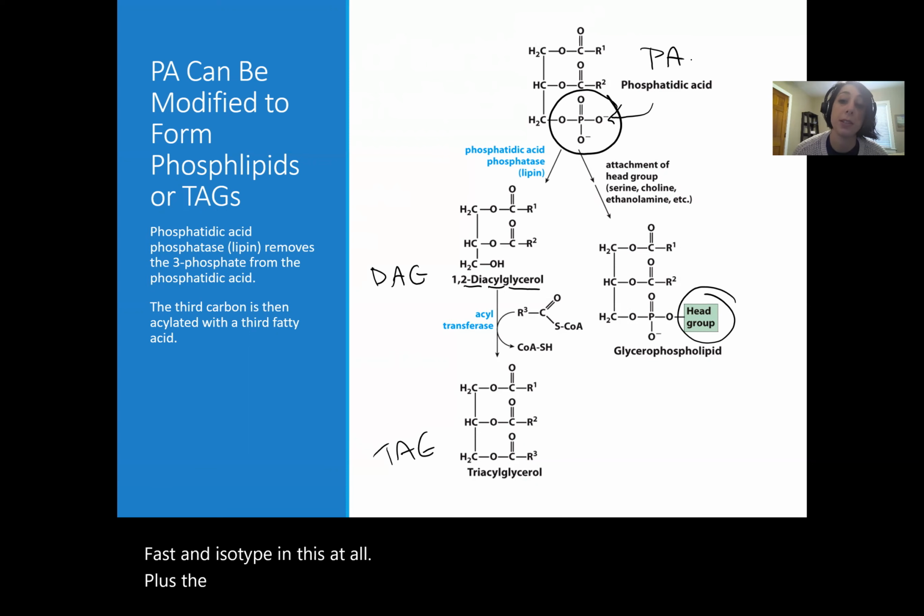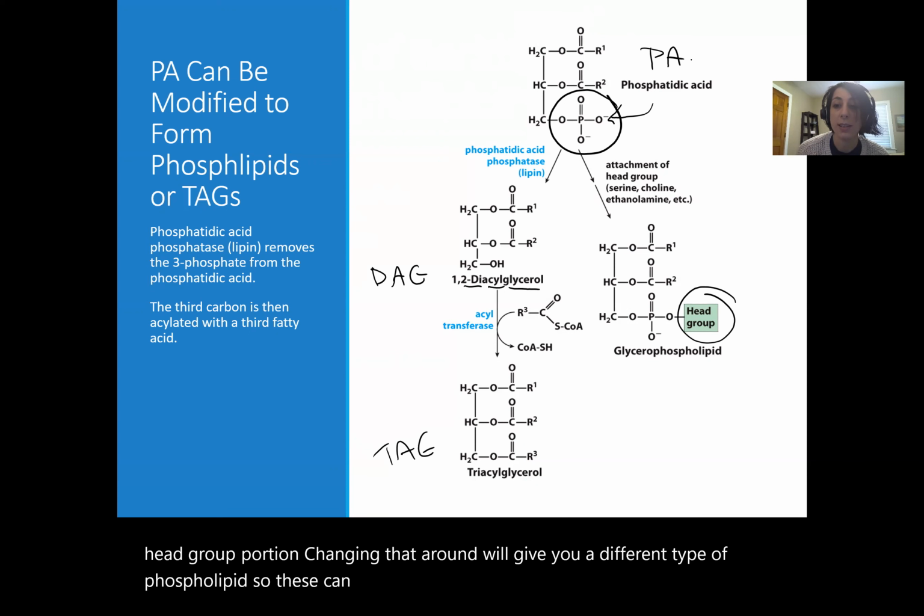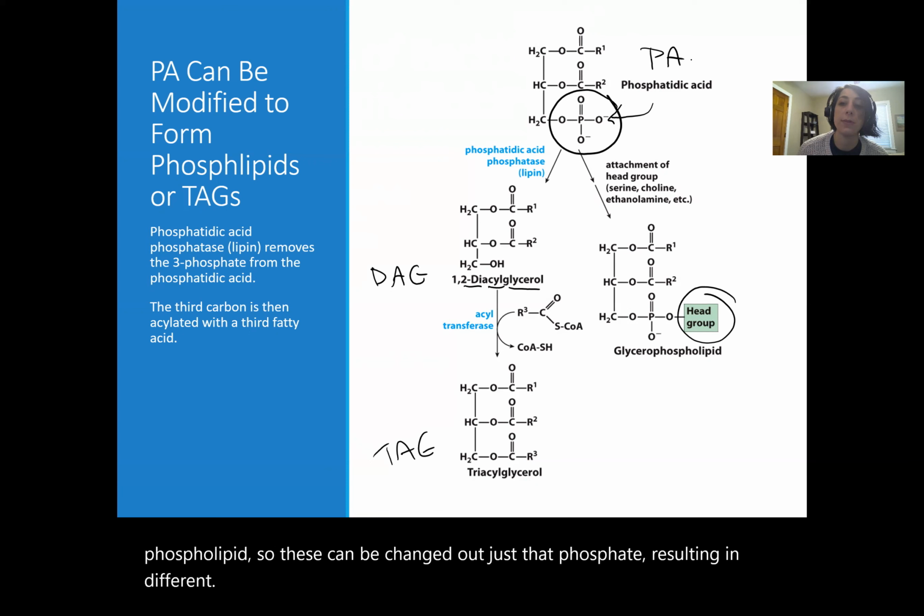Phosphatidylcholine, for example, is another one. These are all just based on that head group portion. Changing that around will give you a different type of phospholipid. So these can be changed out just on that phosphate, resulting in different types of phospholipids.